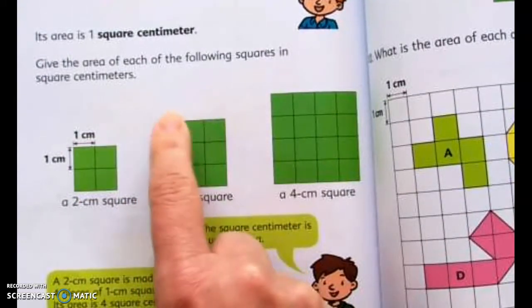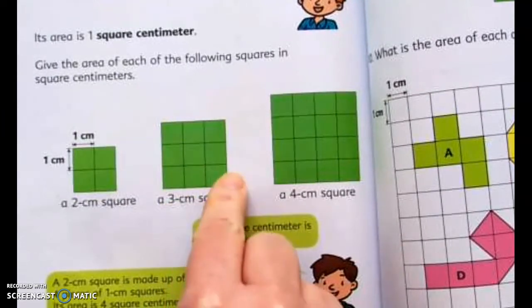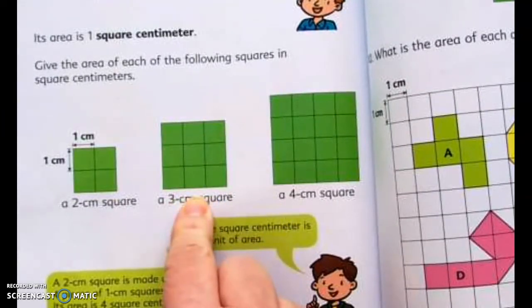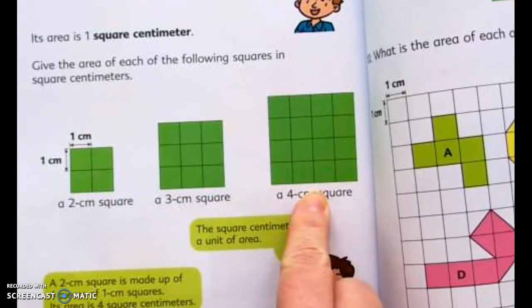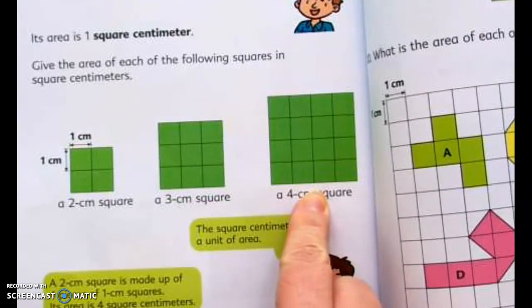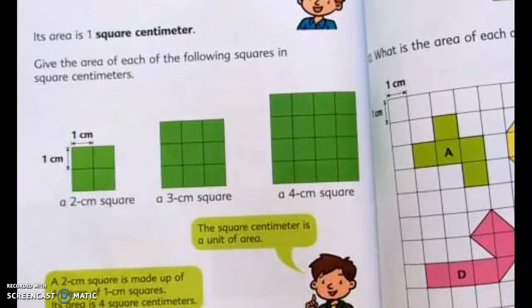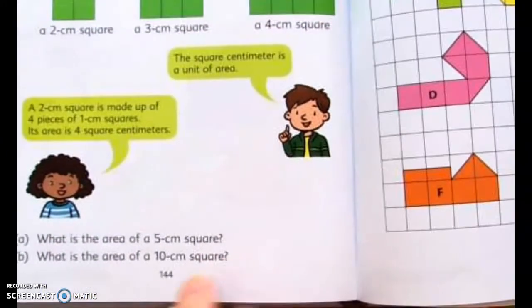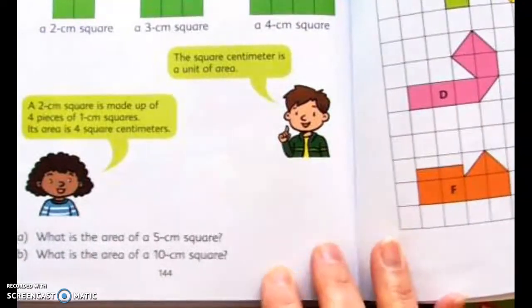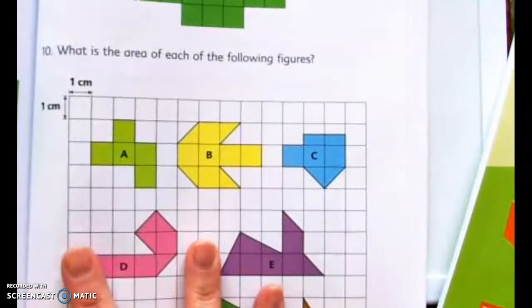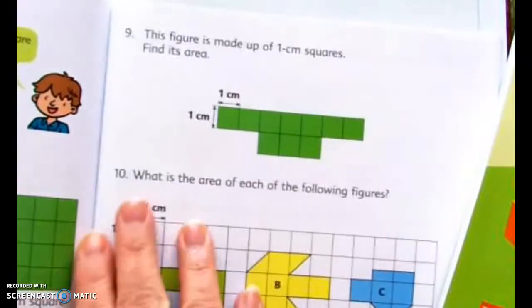So there are 3 across and 3 down for a 3 centimeter square, meaning that there are 9 in there. 3 times 3 is 9. If you had a 4 centimeter square, 4 times 4 is 16, right? So it's a square number. We'll be learning about square numbers. And if you go down to 5 centimeter square, 5 times 5 is 25, and 10 times 10 is 100. So they would be 100 square centimeters. They're just kind of fun. You won't be asked about that on your worksheet though, or your page.